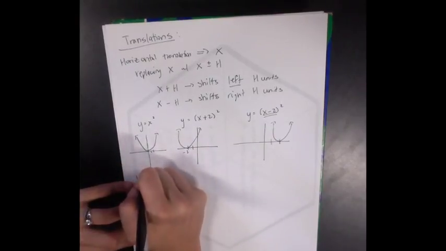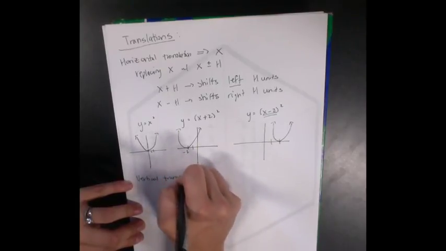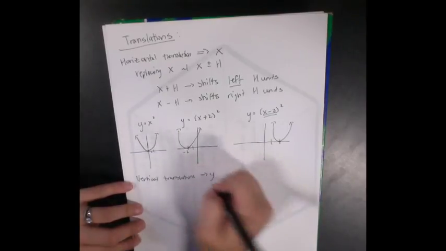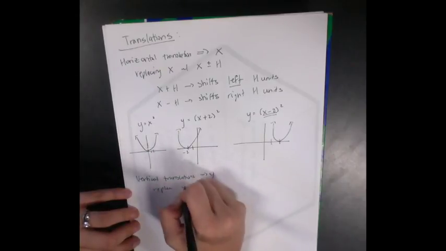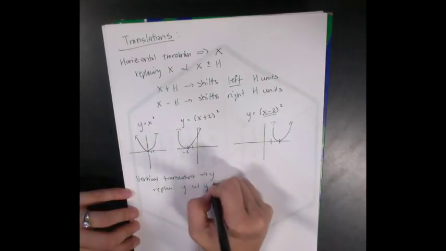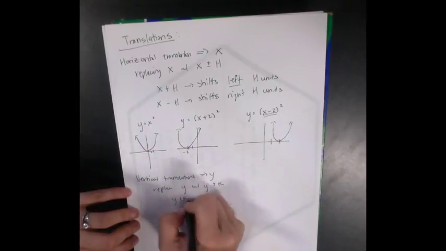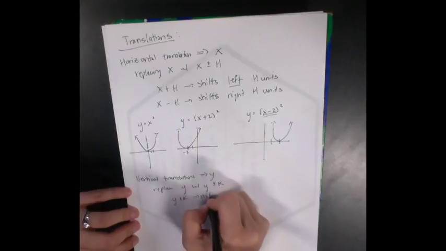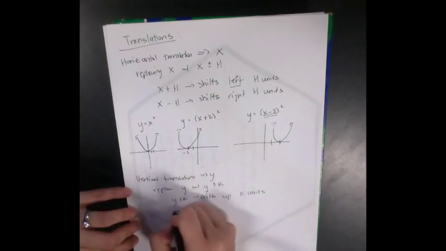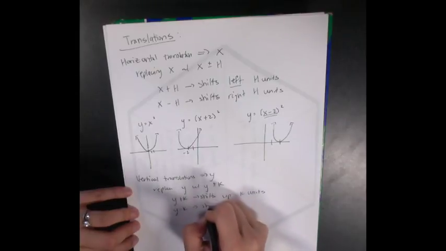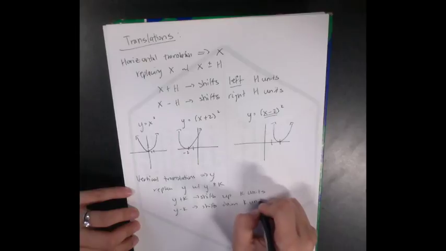Okay. Vertical translations, they are dealing with y. So if we replace y with y plus or minus k, if we have y plus k, it shifts up k units. And if we have y minus k, it shifts down k units.